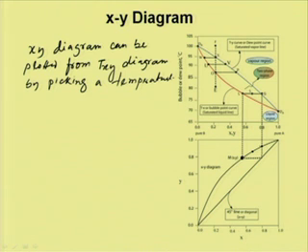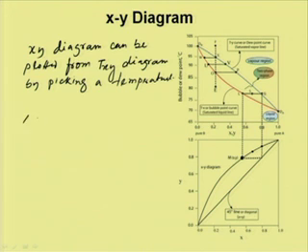The point M, which is x y on the x y curve, corresponds to the tie line LG on the T x y diagram.